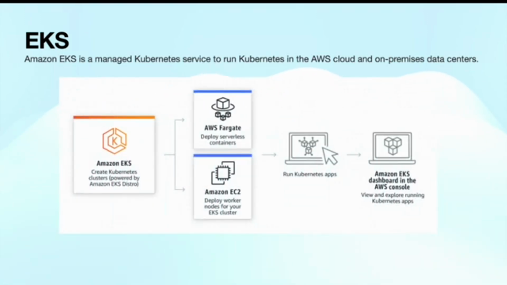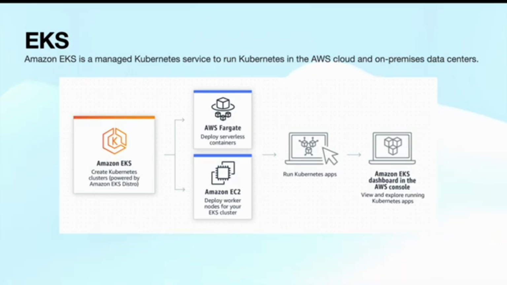In the cloud, Amazon EKS automatically manages the availability and scalability of the Kubernetes control plane nodes, responsible for scheduling containers, managing application availability, storage, cluster data, and other key tasks. So as we have shown before in the Kubernetes architecture, all the control plane components are managed by AWS.